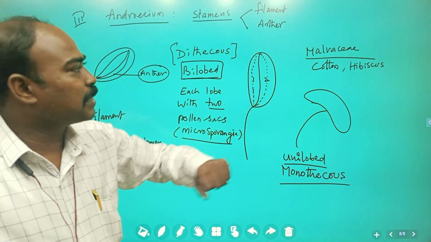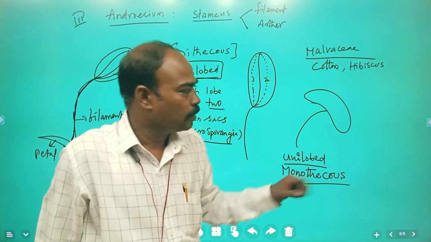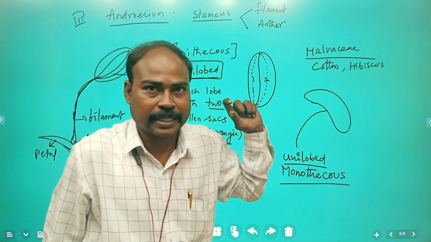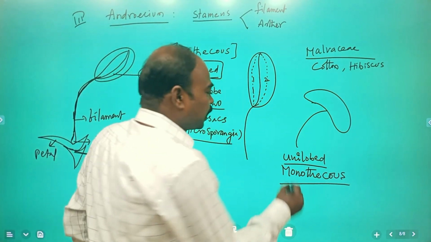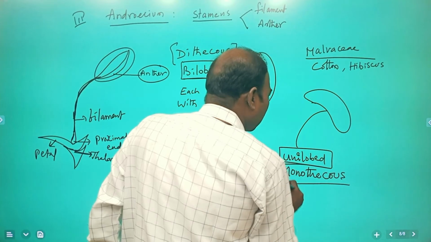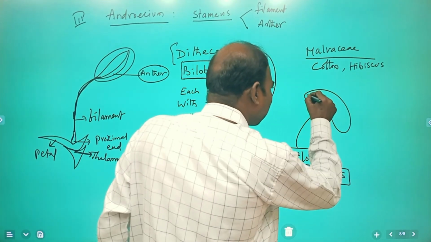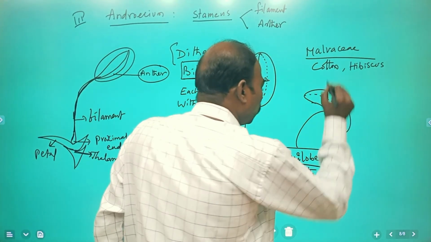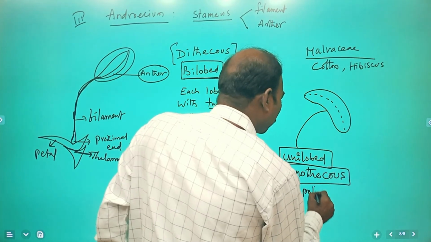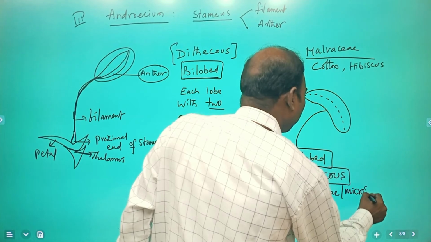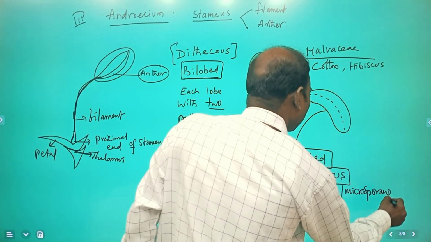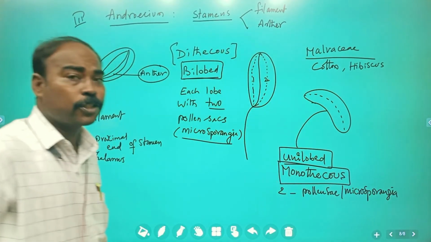In the cotton and hibiscus, such as in the Malvaceae family, the anther is reniform, that is, kidney-shaped, and has only one lobe. These unilobed or monothecous anthers have two pollen sacs or microsporangia, right?